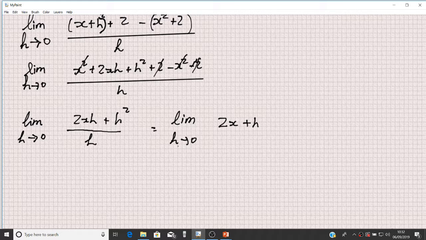Now we remember h is approaching 0, so the first derivative f dash x is 2x. So that's the first derivative of x squared plus 2, 2x.